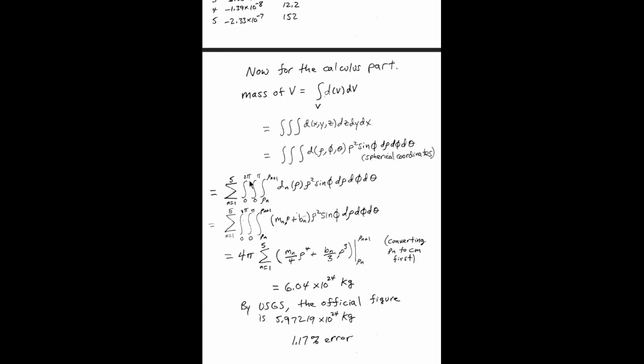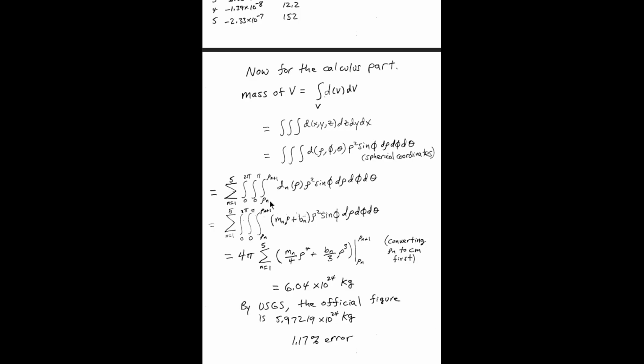We're just going to wrap around the entire Earth. Our phi limit will be from 0 to pi, from the North Pole to the South Pole, as we learned in multivariable calculus. And our rho limits will be rho sub n to rho sub n plus 1. We're going to calculate the mass of each layer one at a time that way.